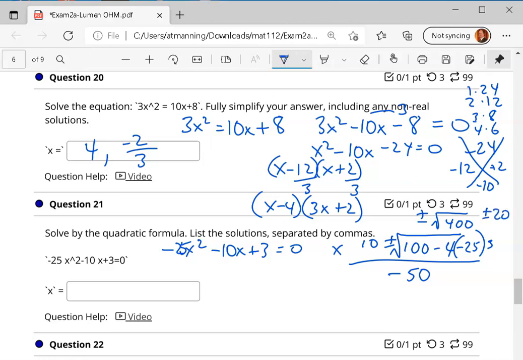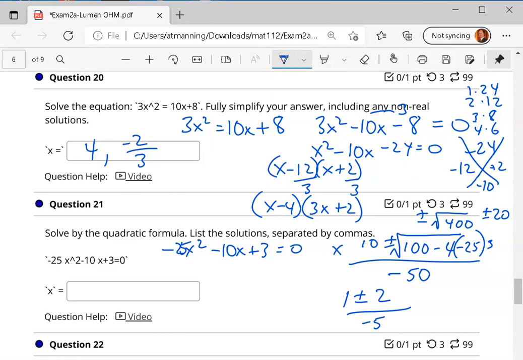Let's factor out the 10 from everything, because I got 20 and a 10 and a 50. So that becomes 1 plus or minus 2 all over negative 5. See how we factored out 10? We basically cut off the 0.